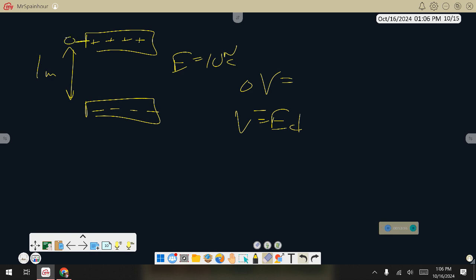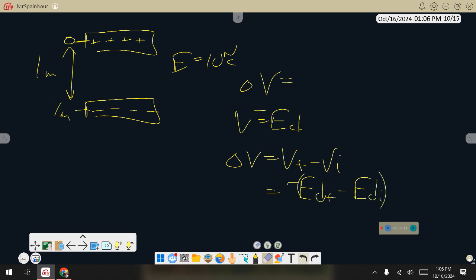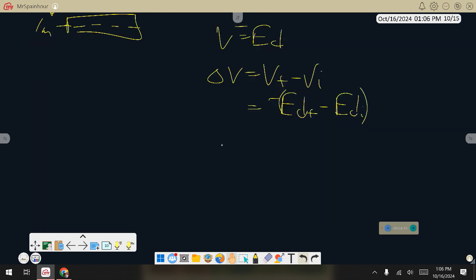So let's say here is 0, and here is 1 meter. Potential difference would be VF minus VI, or negative E D_F minus E D_I. And once again, we're going to factor out the E. So the change in voltage is equal to negative E delta D.